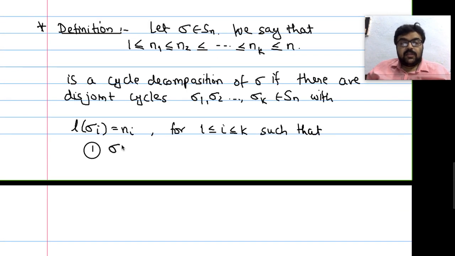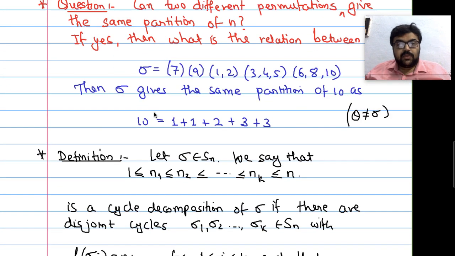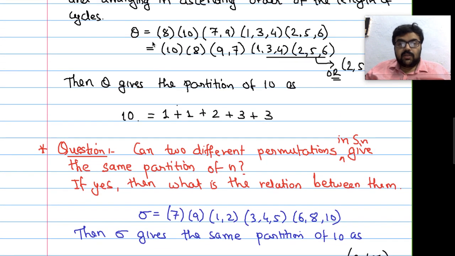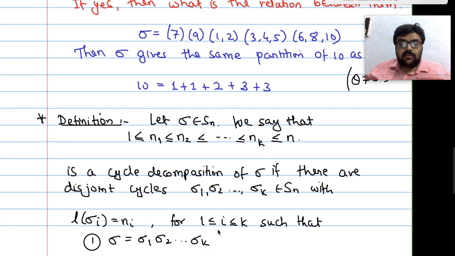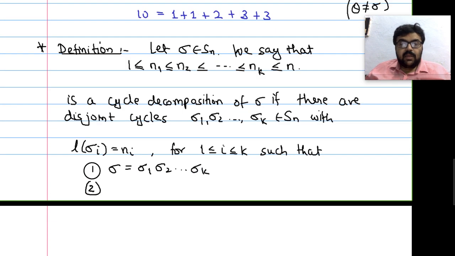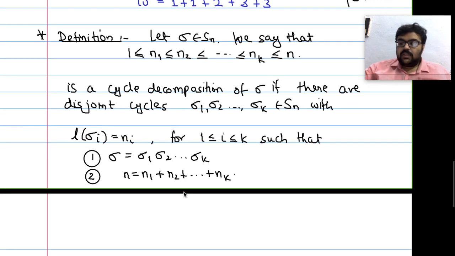One is that sigma can be written as the product of sigma 1, sigma 2, up to sigma k. So sigma can be decomposed into these cycles. So this gives a partition of 10 because it can be decomposed into cycles whose lengths are these. That is the first case, and then n equals n1 plus n2 plus up to nk, so it gives a partition of n. So this is the case.